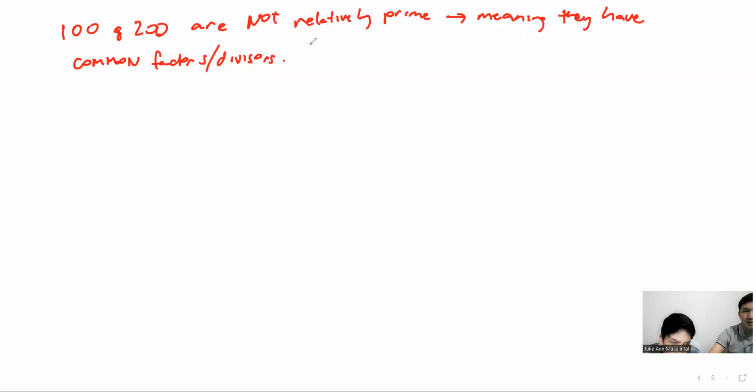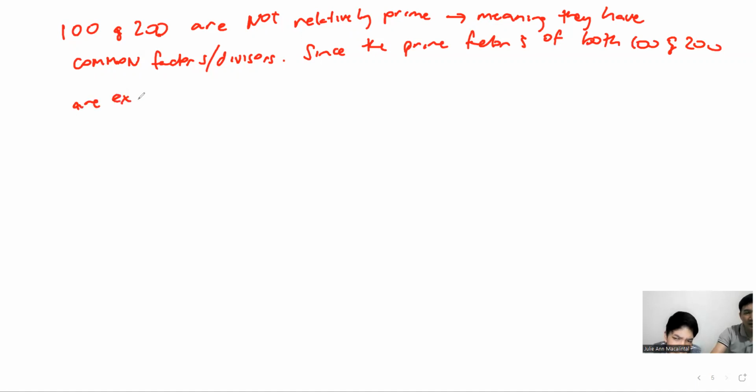Since the prime factors of both 100 and 200 are exactly the same, which are the prime factors 2 and 5.